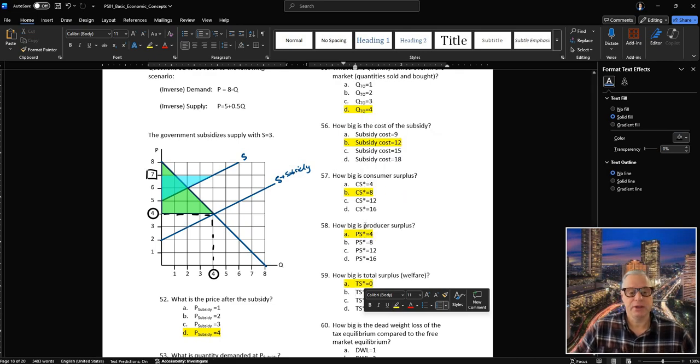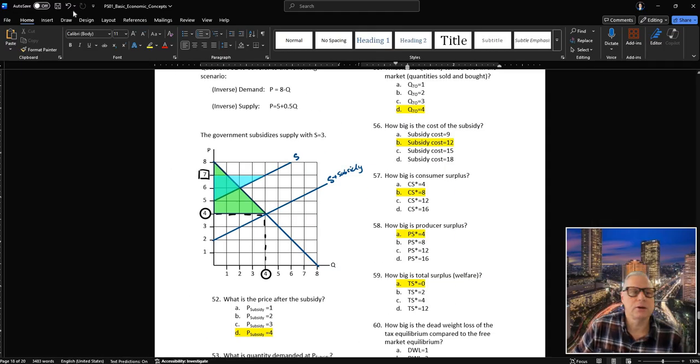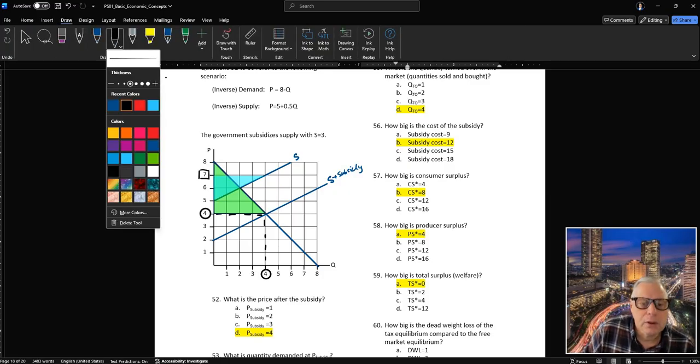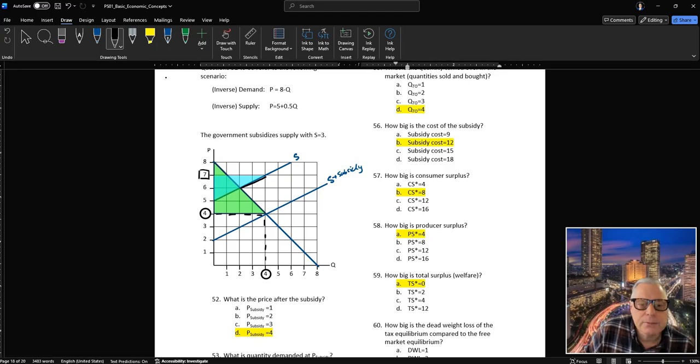Okay, so now how big is the deadweight loss? The deadweight loss, first of all, is this area here. So it's this triangle.